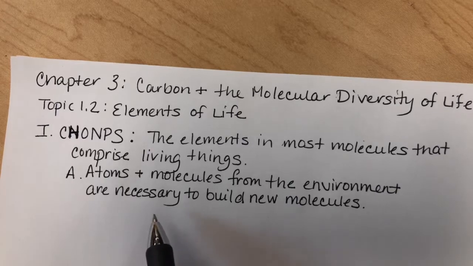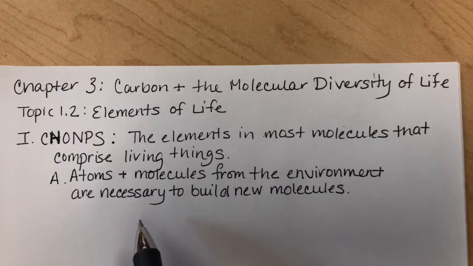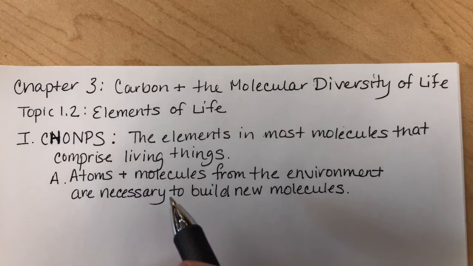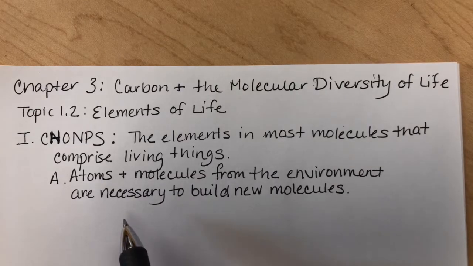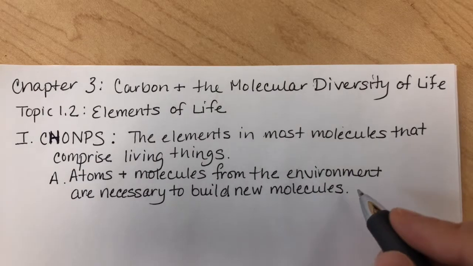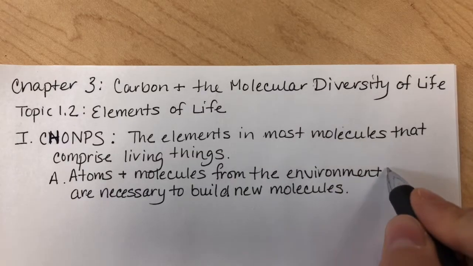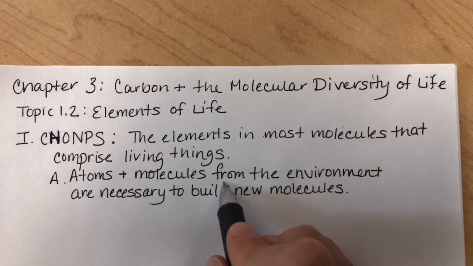So we all started out as much smaller organisms than we are right now as a baby, and then you grew and you are made of more atoms and molecules than you were when you were a baby. Well, where do those atoms and molecules come from? Well, they come from the environment, but how do we get them into our body? I'm going to put here, from the environment.